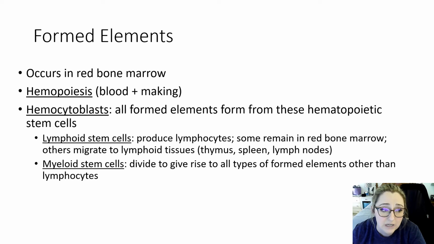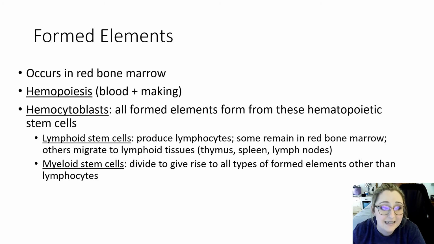Within our formed elements, there's a few things that we need to know before we jump in. Formed elements are going to be created in your red bone marrow. Very, very important. We've talked about red bone marrow before, and one of the purposes of bone marrow is hematopoiesis. So hematopoiesis is that process of making blood.